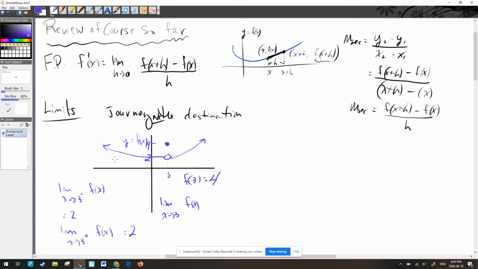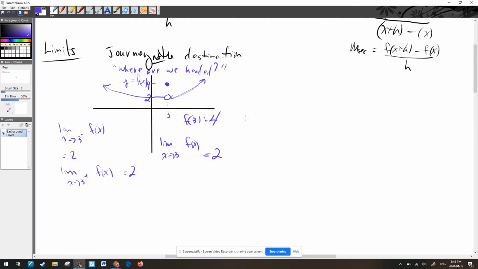And as long as we're headed to the same place from the left and from the right, that is what the answer is. So in this case, the answer is going to be 2, in spite of the fact that there is nothing there. It's all about the journey. Where are we headed? So that's what limits are all about.